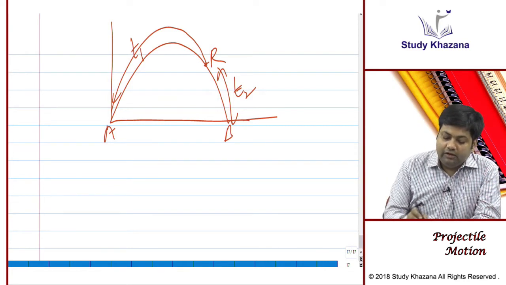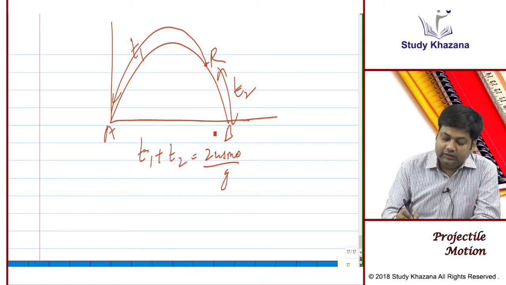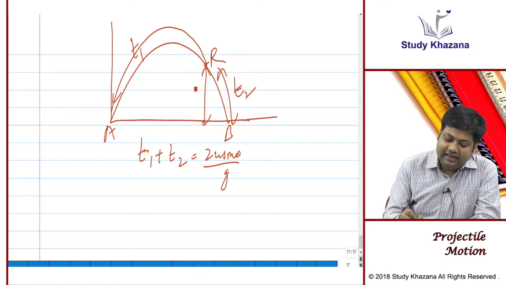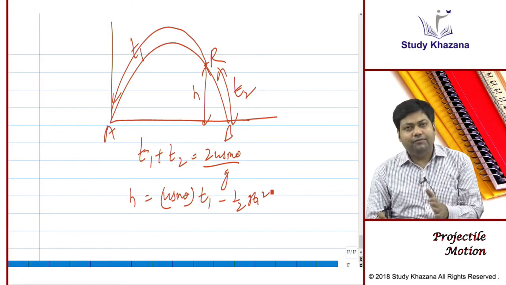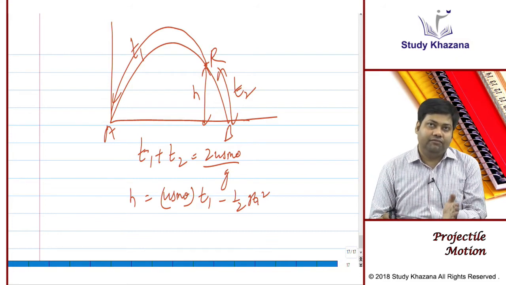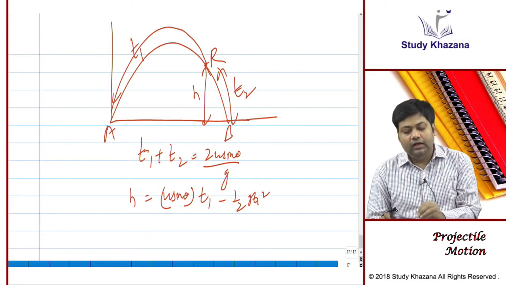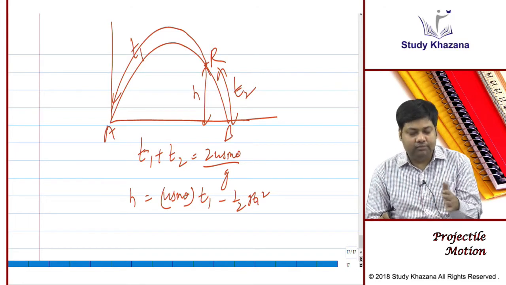So obviously we can say t1 plus t2 is 2u sine theta by g, and let's say R is at height h. So h is u sine theta into t1 minus half g t1 square. Now we are trying to correlate how h is related to t1 and t2, and we can do it very comfortably. This is one result which we can use, how t1 and t2 can be used interchangeably.